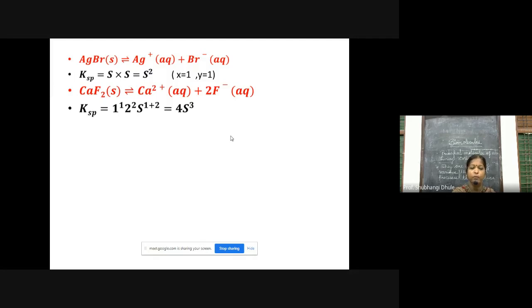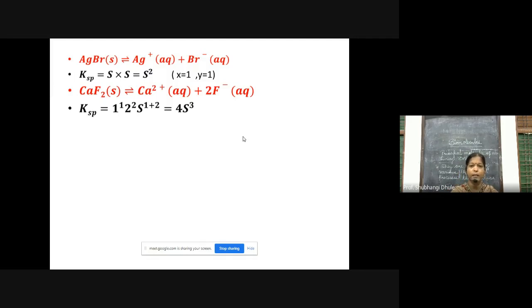Now the second type of salt: if you take the example like CaF2, then CaF2 is again a sparingly soluble salt, and it will give you the cation Ca2+ aqueous plus 2F- aqueous. Now here the number of cations is 1, and the number of anions is 2.